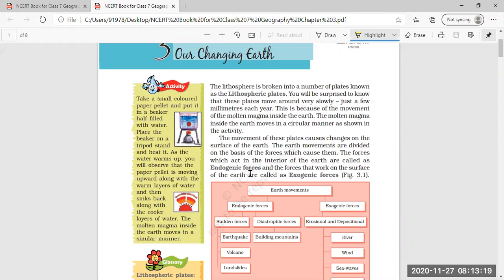The first is endogenic force, and the second is exogenic force. Endogenic forces are the forces which act in the interior of the earth, deep inside the earth. Whenever there is any movement in the plates, that is called endogenic force. And when work is done on the surface of the earth, that is called exogenic force.